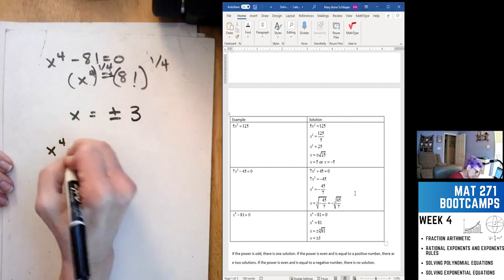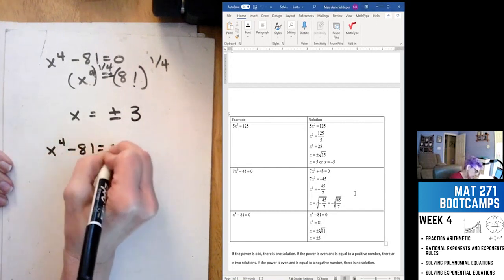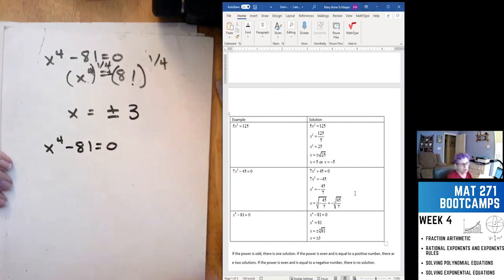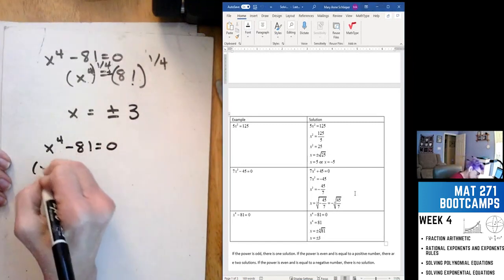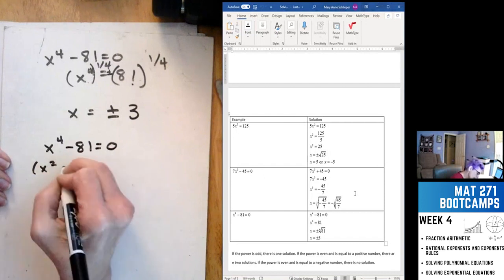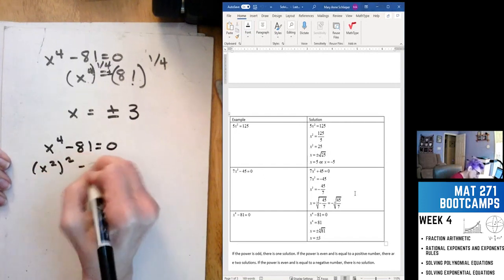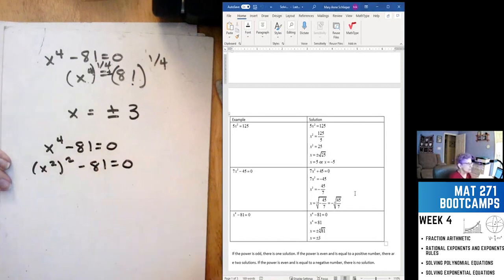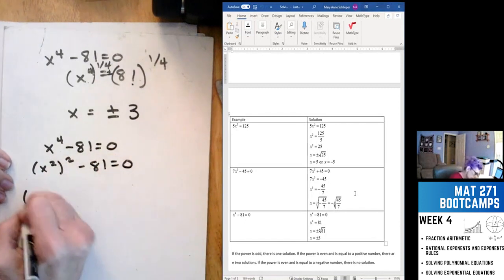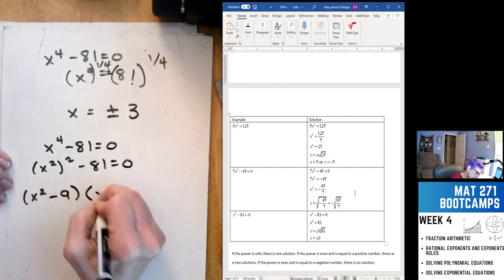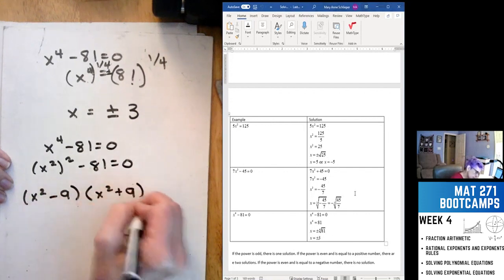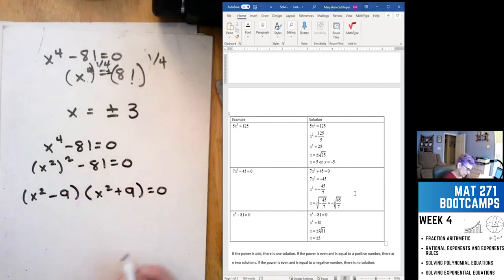Now, maybe you looked at this and you thought, hey, that is also a difference of two squares. I could write this as x squared squared minus 81. So it would be x squared minus 9 times x squared plus 9.